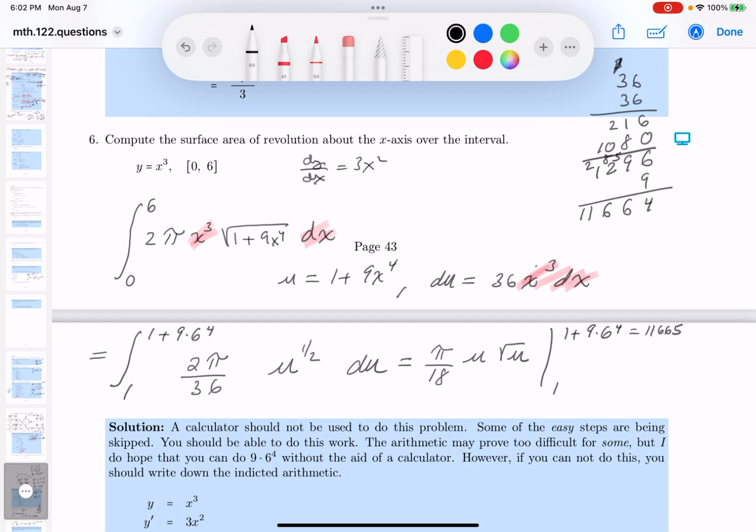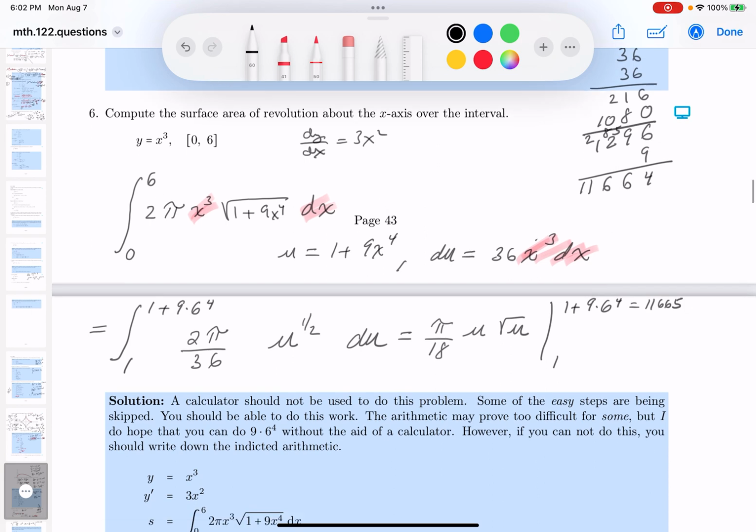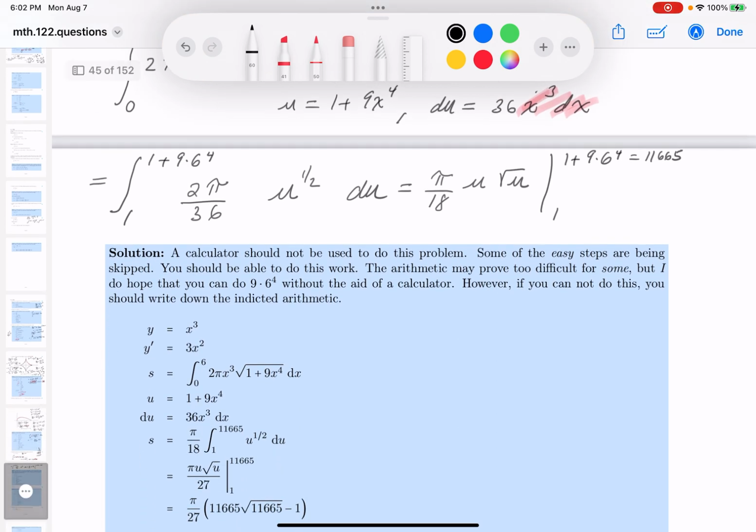Boy, that's a nasty looking number, isn't it? Write it down. Let's go for it. Equals pi over 18, 11665, the root of 11665, minus that evaluated at 1, which is just simply 1.